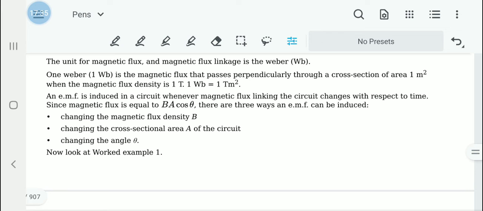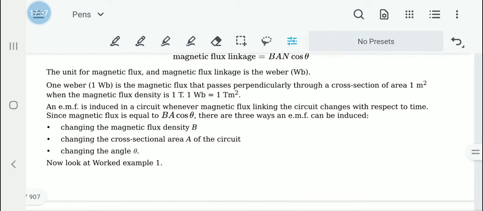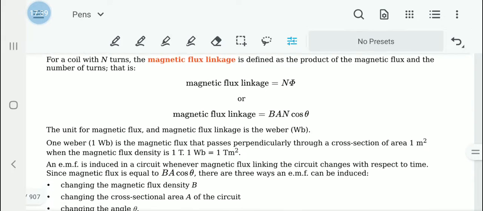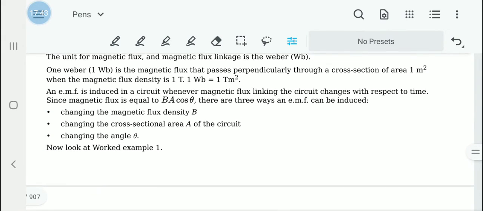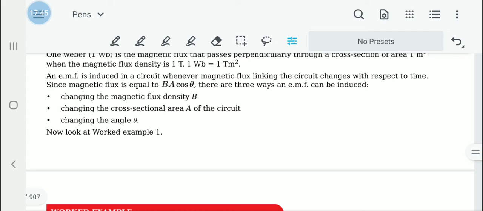From the equation magnetic flux linkage equals BAN cos theta, and magnetic flux equals BA cos theta, we can understand that there are three ways an EMF can be induced.